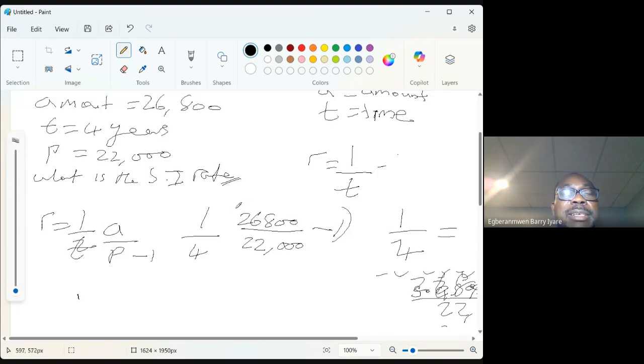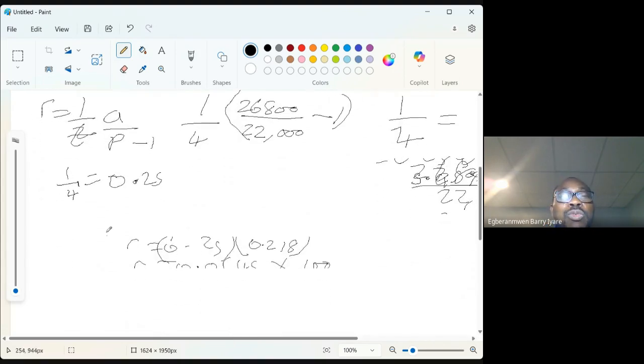Now let us simplify. 1 over 4, if you divide 1 by 4, you get 0.25. You can press your calculator to confirm. Now, the next one, 26,800 divided by 22,000 naira.